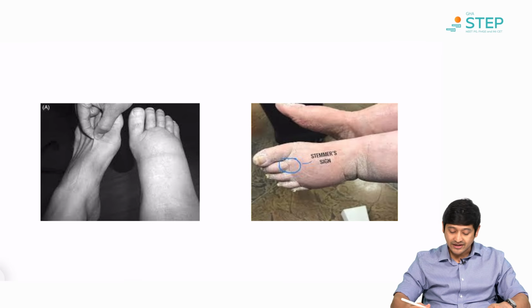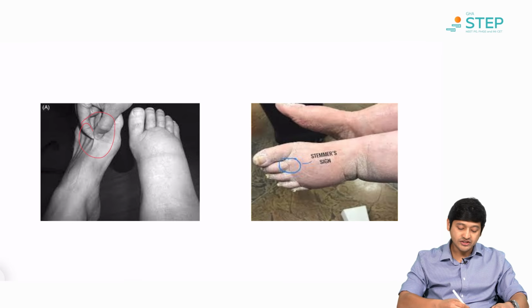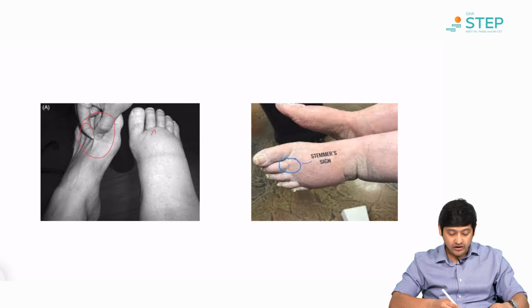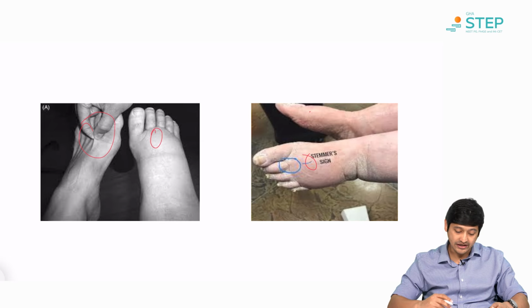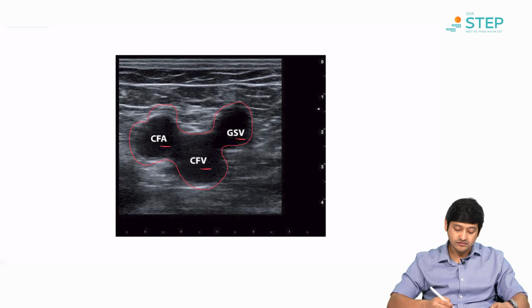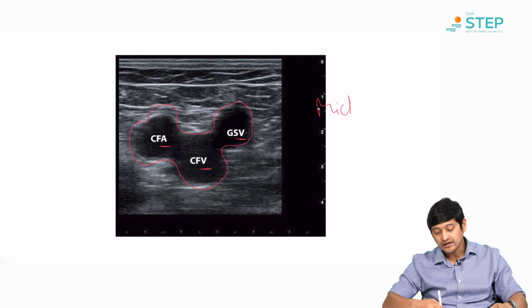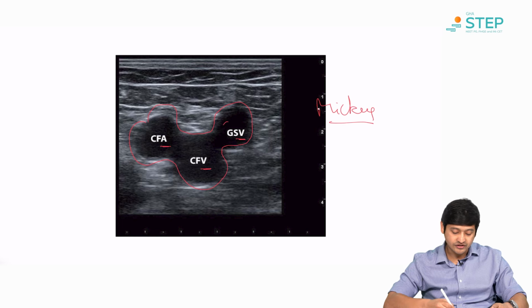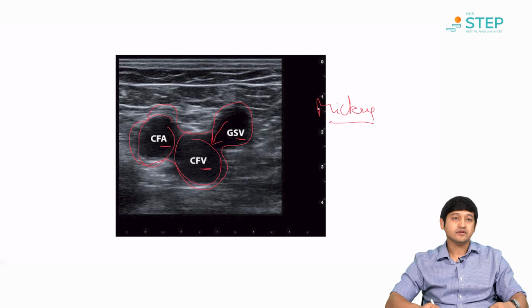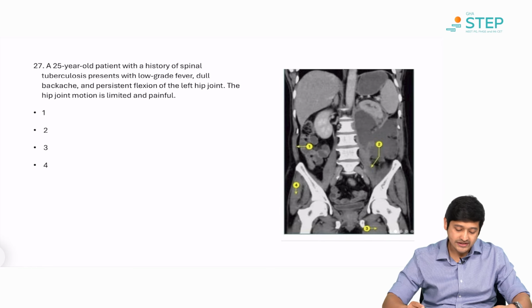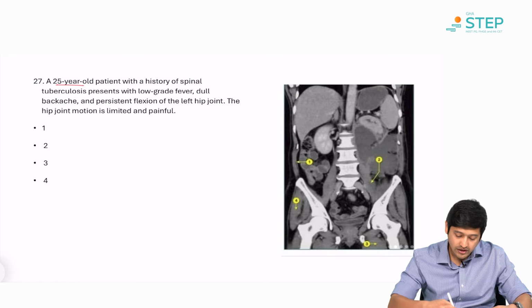You also have the Stemmer sign, where the normally pinchable skin over the dorsum of the foot cannot be pinched when there is significant edema in the foot. This is called Stemmer sign. And finally, you have your diagnosis, which is the Mickey Mouse sign. All right. So Mickey Mouse sign is seen at the junction of the GSV and the CFA and CFV in the femoral region.